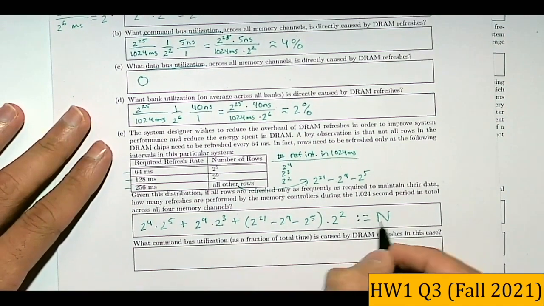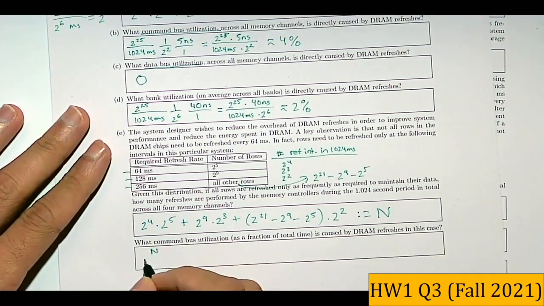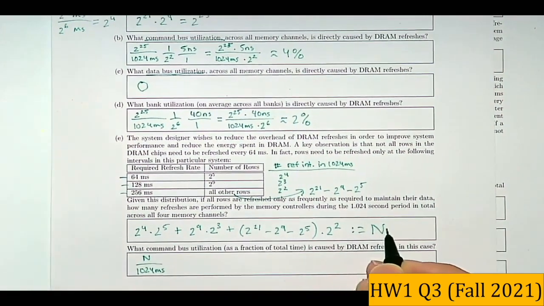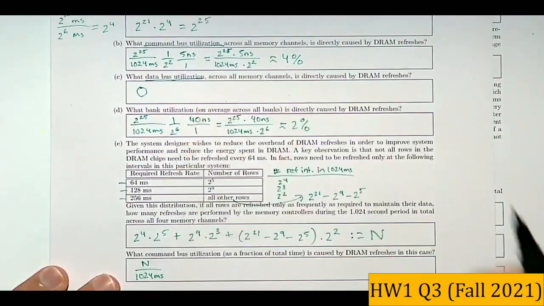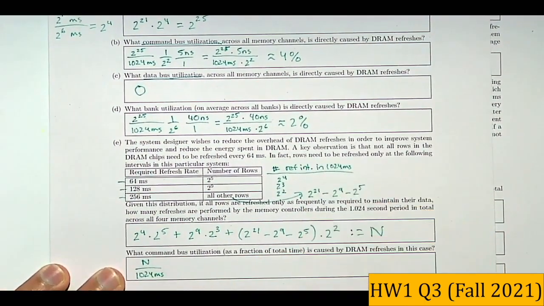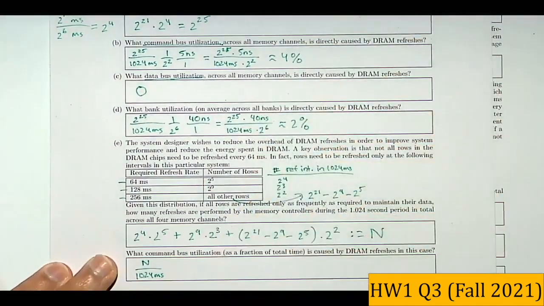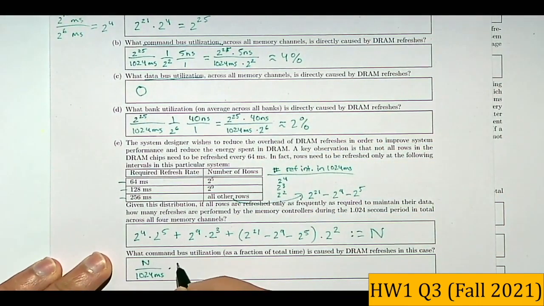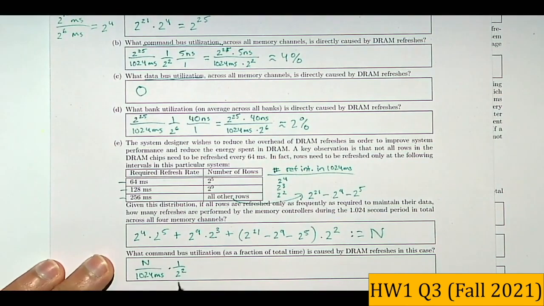So we have n refresh operations happening per 1024 milliseconds, where we computed n in this part. We do the exact same thing as up here. We have n refreshes total in the system, but we have 4 different memory controllers and therefore 4 different channels, so we have to scale this by 4. We divide n by 2 to the 2, and that's the number of refreshes per channel, happening over this time period.